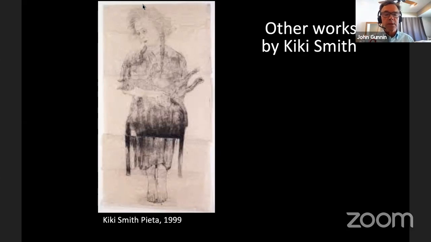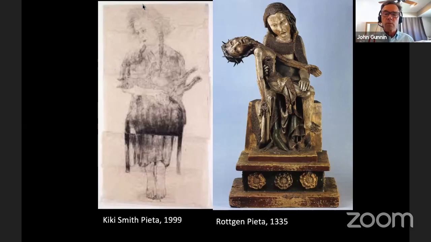Okay, and this one is also from this Wolf series. In fact, all of these are from the Wolf series, where Kiki Smith focused in on the subject of wolves. So because of the title Pietà, I'm hoping that you are thinking back to something you've seen in your art history set, and that would be this very wonderful and powerful work from Germany in the medieval period.